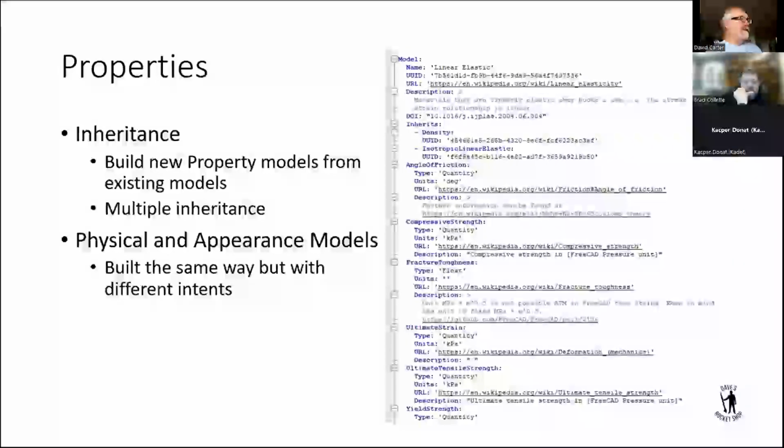Another key thing about properties is there is inheritance. So in this example, we have the linear elastic property definitions that includes all of the definitions for density, which is a single property density, all of the definitions for isotropic linear and elastic, which is like Young's modulus and Poisson ratio and so on, plus everything else that was defined in the previous version.